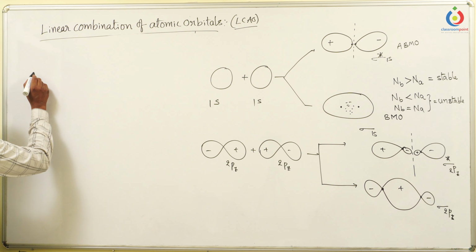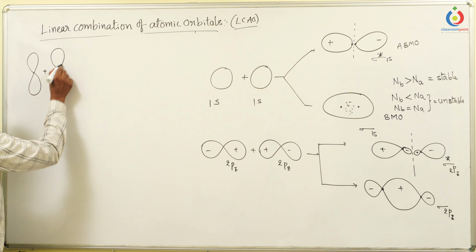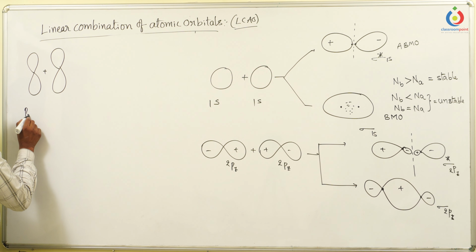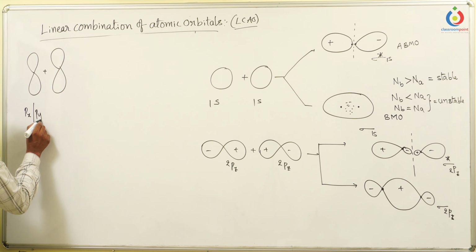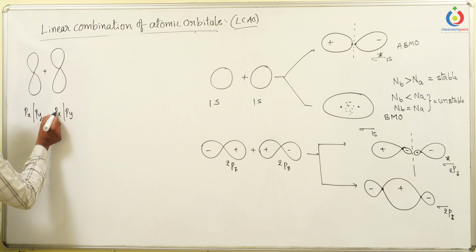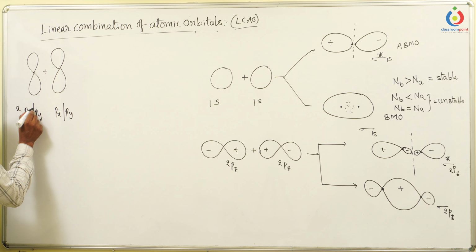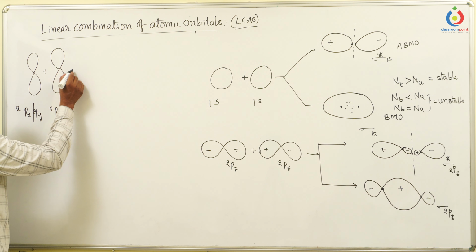Now let us take the pi orbital formation. Both px and py orbitals participate in pi bond formation. That means px with px, py with py. Let us take the 2px orbitals and 2py orbitals.